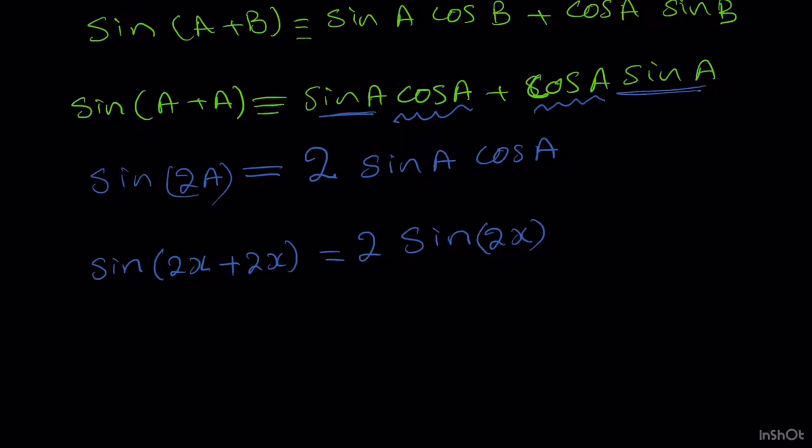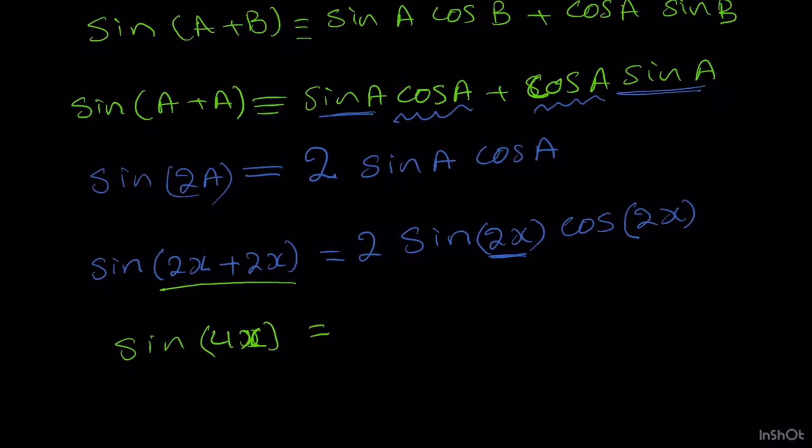This 2 here is for the double angle, and the 2x here is the angle itself. If we add 2x and 2x, that's 4x. Therefore sine 4x equals 2 sine 2x cosine 2x.